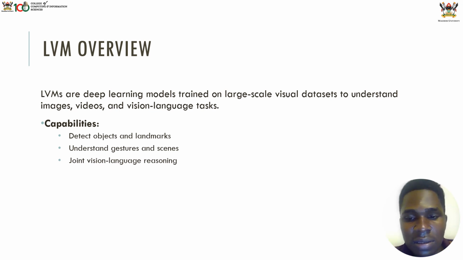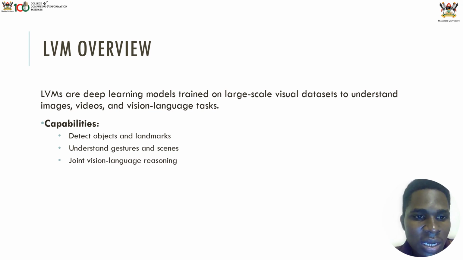So the main concept behind the LVM is looking at the videos and images, understanding them, and giving a brief understanding. The capabilities of these models are, one, the LVM detecting objects and landmarks.